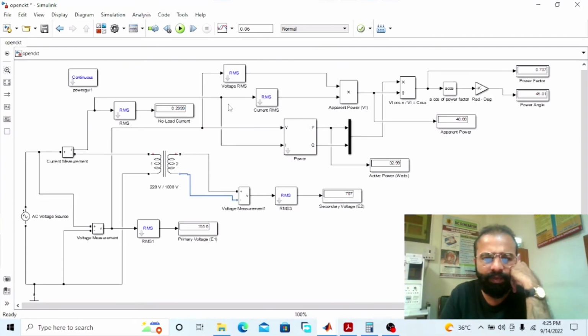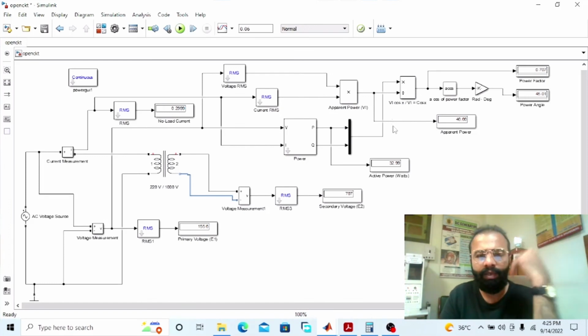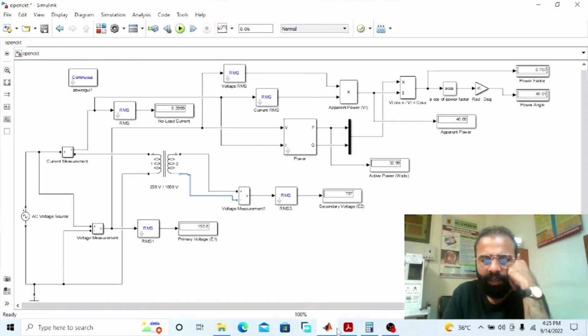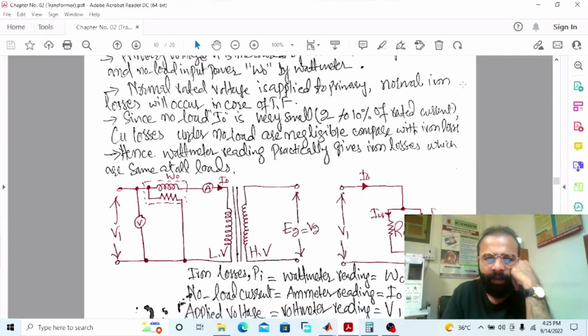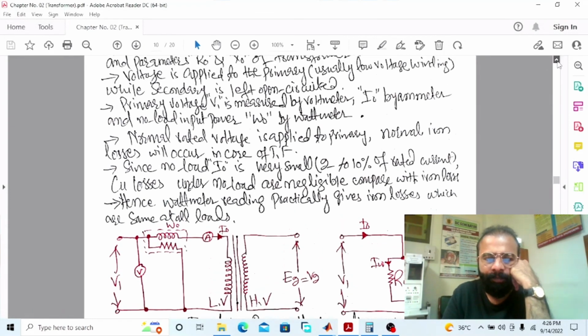So dear viewers, this was the MATLAB simulation of the open circuit test of the transformer that we have conducted on the MATLAB software, in which we have measured the core losses or the iron losses in the transformer.